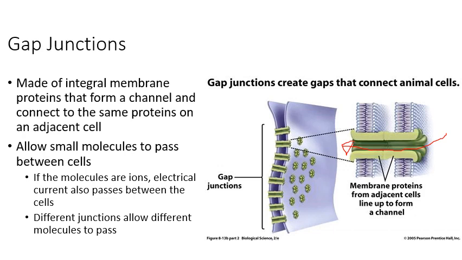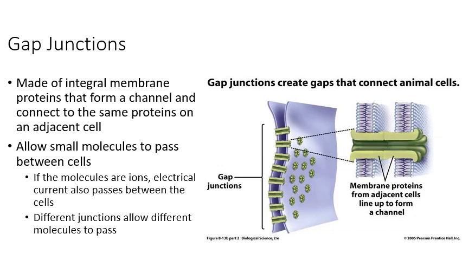So you have a pore on one cell, and on the other side of that junction you have the same pore in the other cell, and they attach to each other to make a channel, so that the cytosol, or the fluid inside each cell, is connected. So if you have a small molecule like an ion, it can travel right through that gap junction.